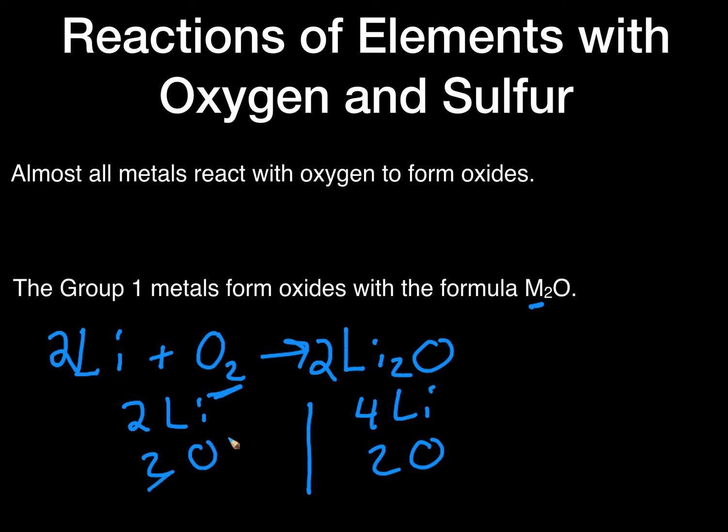Our oxygens are the same on both sides, we're good, but our lithiums do not match. So we need to change this coefficient of 2 for the lithium to a 4. So our balanced chemical equation for the combination of lithium oxide will be 4, 1, 2.